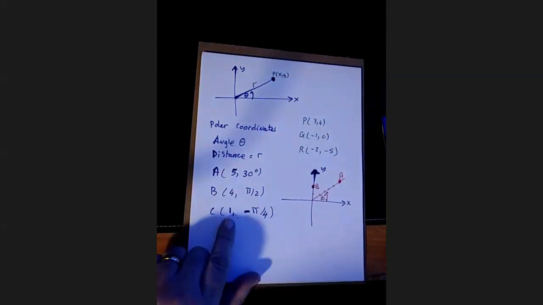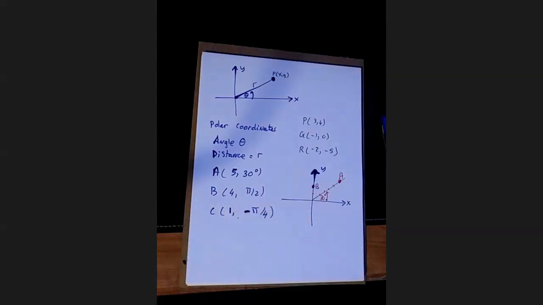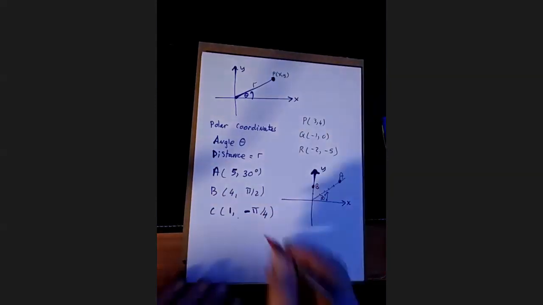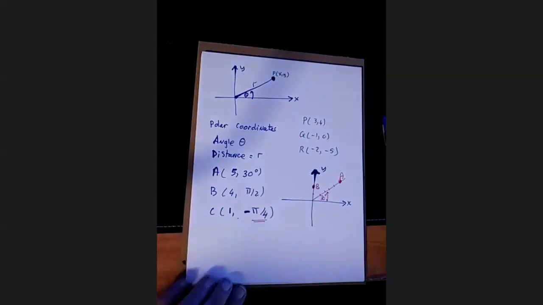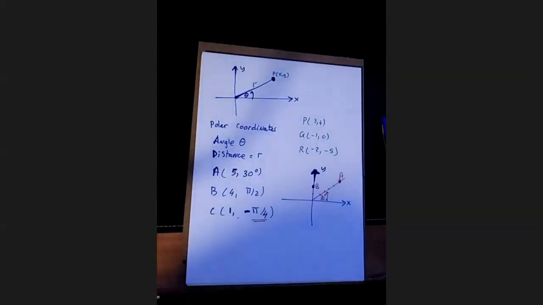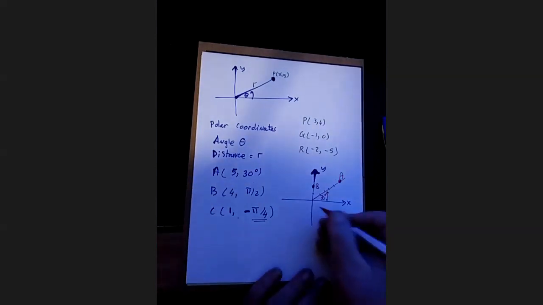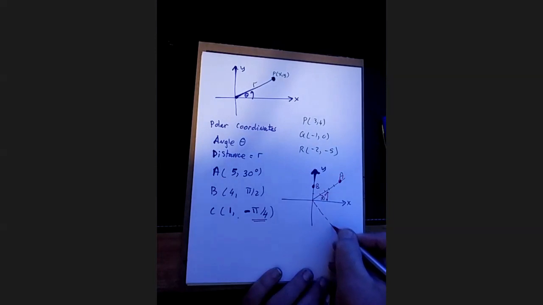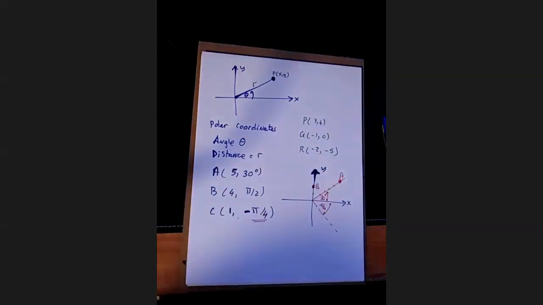Now, 1, negative pi upon 4, let's look at that last one. The angle's a little bit unusual because you are allowed to put any angle you like there, including negative angles. Wouldn't negative pi upon 4 be going clockwise pi upon 4?